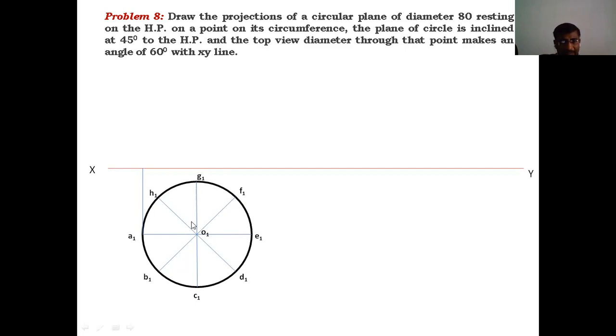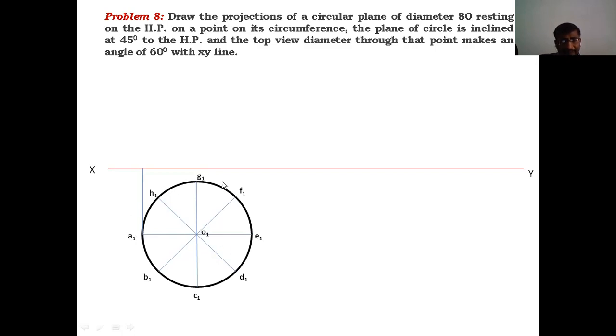Out of these 8 points, one point is on the HP, as given in the problem: draw the projections of the circular plane of the given diameter resting on the HP on a point on its circumference. So this A1 is on the HP.